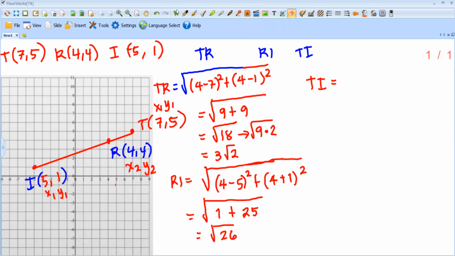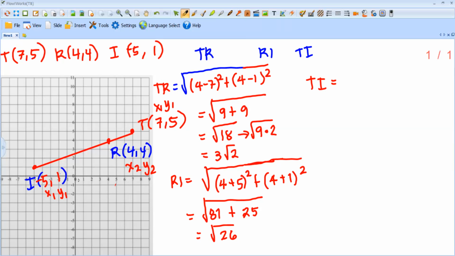That is negative 5. Let's change it again. And this is positive 1. All right, so let's do it again. So it would be 4 minus minus 5. That would be 9, right? So 9 squared would be 81, correct? 4 plus 5 is 9. So 81.